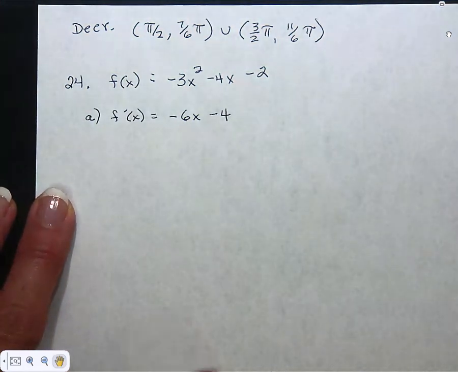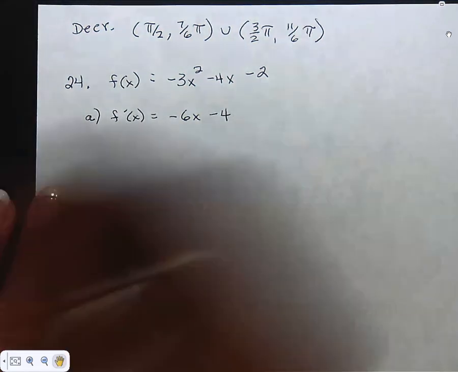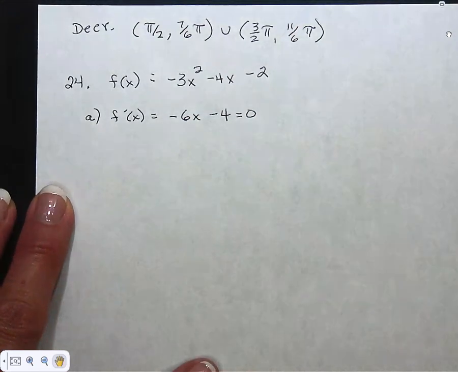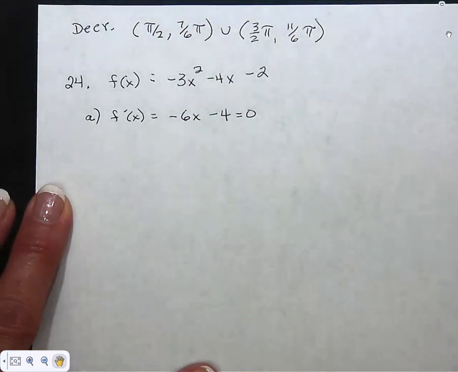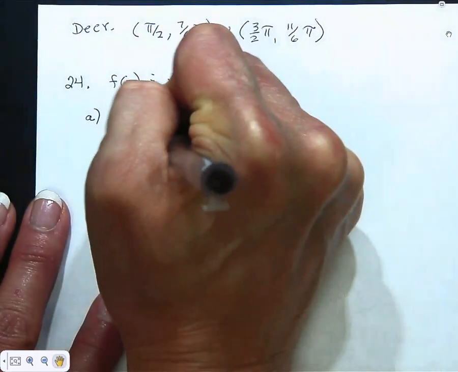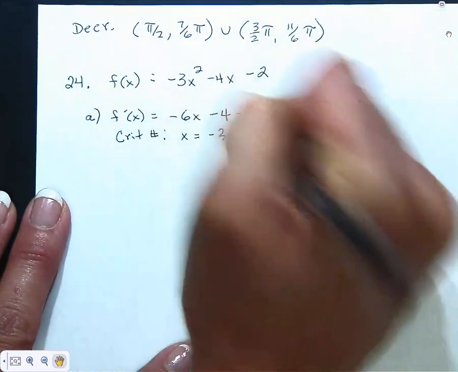Is there anything that makes the derivative undefined? Nope. What makes it 0? Negative 2/3, because you'd add 4 to both sides and then divide by -6. So the only critical number is x equals -2/3.